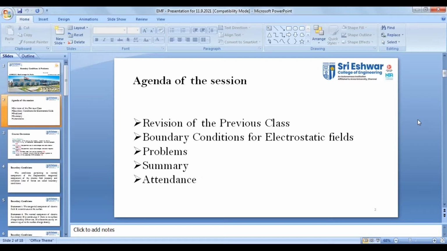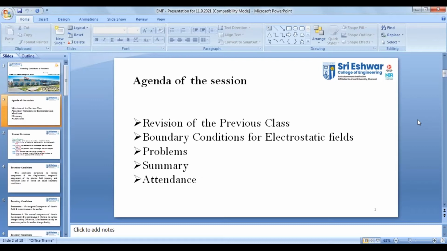Okay. The derivation part. What else? Then three dielectric media we have seen. Electrostatic energy and energy density.